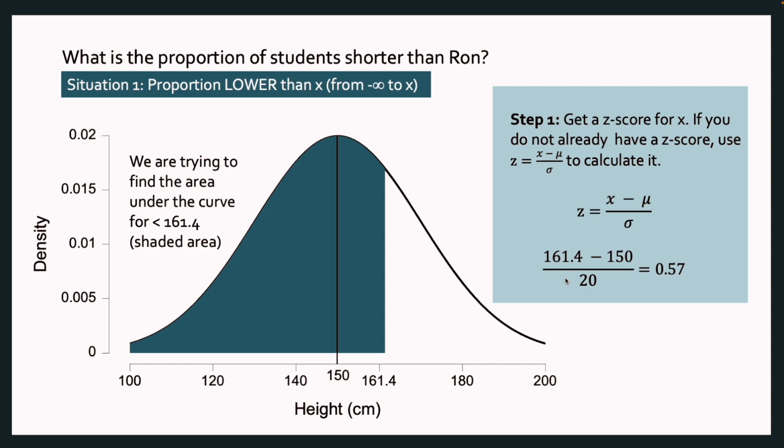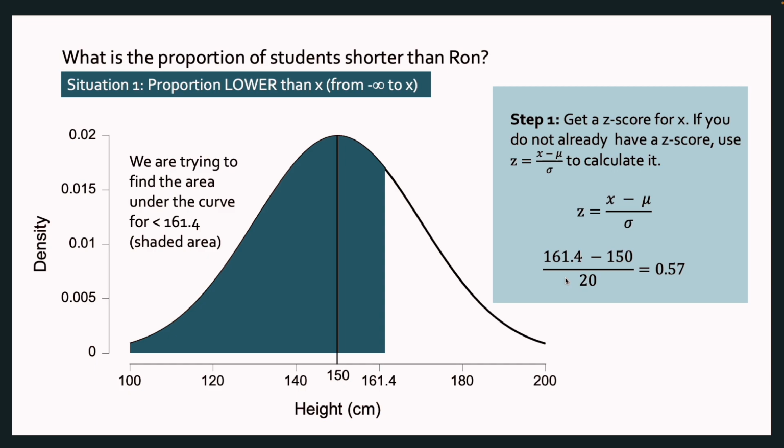So the first question is asking, what is the proportion of students shorter than Ron? We already have the information that the average height is 150 and Ron is 161.4, and now we are interested in finding the proportion or percentage of students shorter than 161.4.